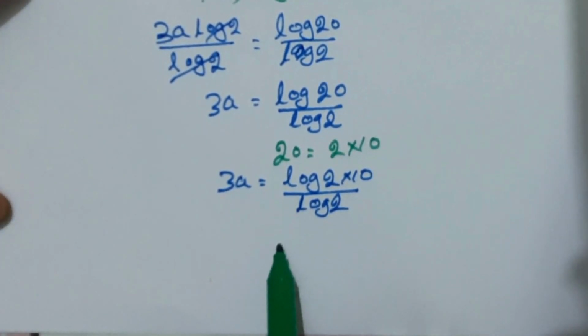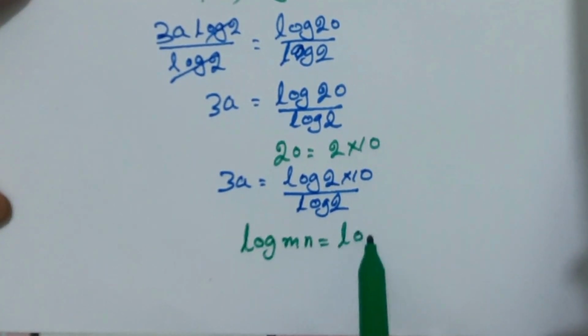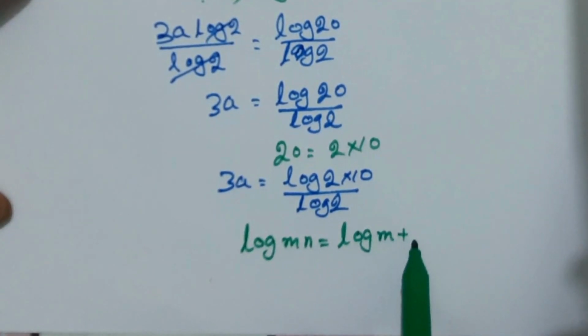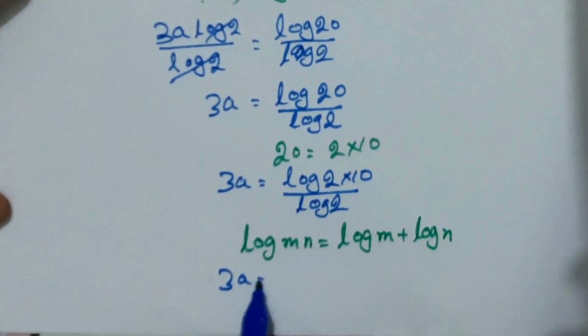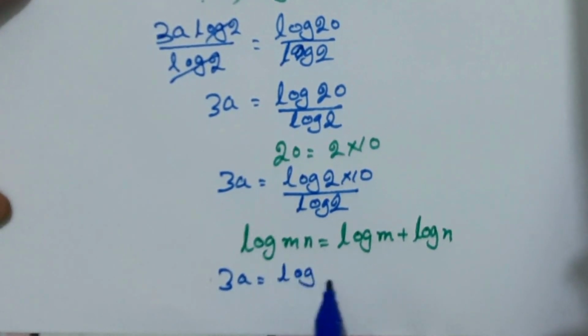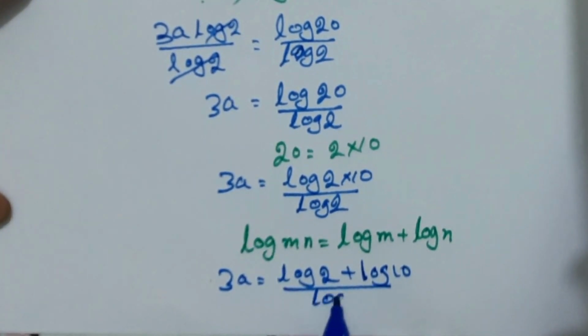We are going to apply this formula: log mn equal to log m plus log n. So 3a equal to log 2 plus log 10 by log 2.